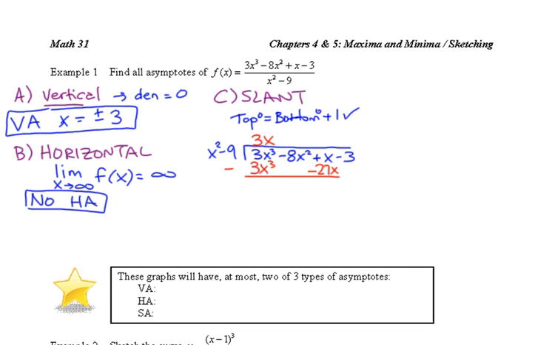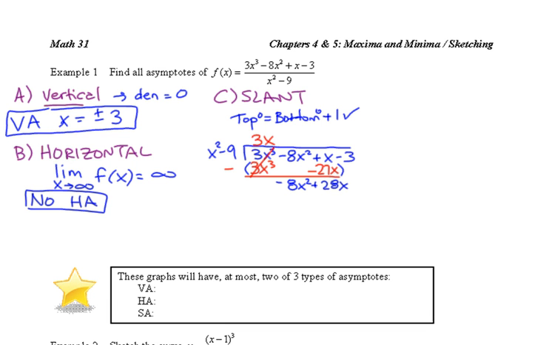Nothing x cubed. Negative 8x squared. Negative 8x minus 0. And then x minus negative 27, so 1 minus the negative 27 is 28. Minus 3.